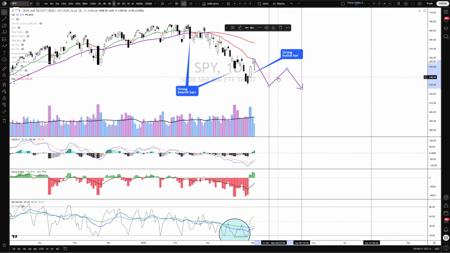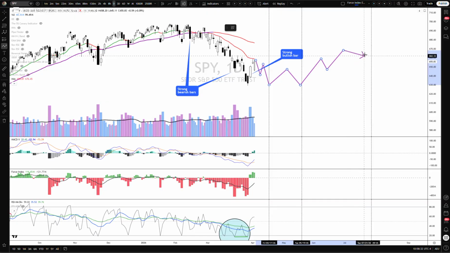So maybe that's our scenario that we prepare ourselves for manually or mentally, that maybe we swing back down into mid-April. Something similar in May, and then start to build into an uptrend in July, right?